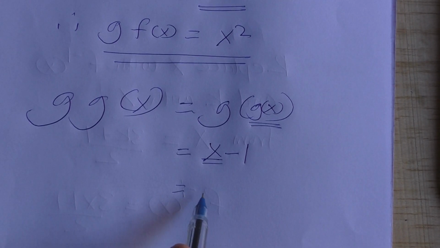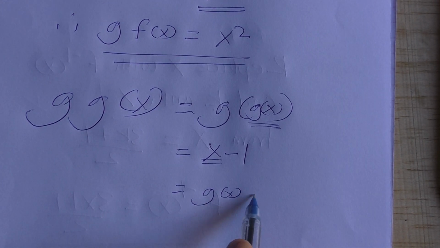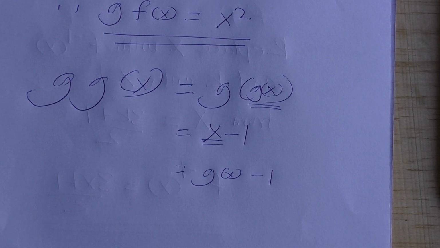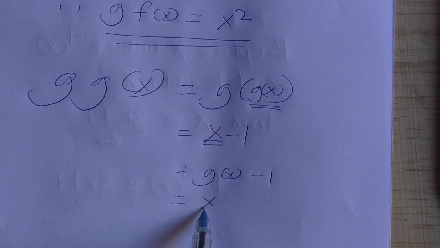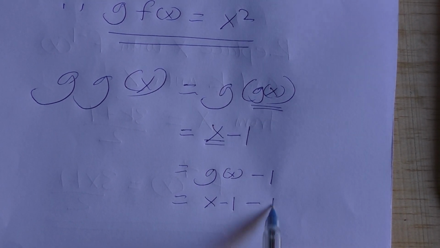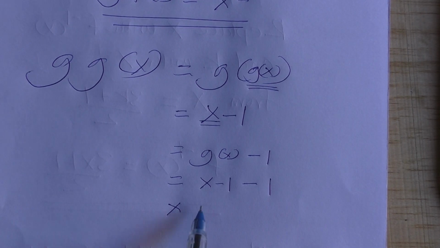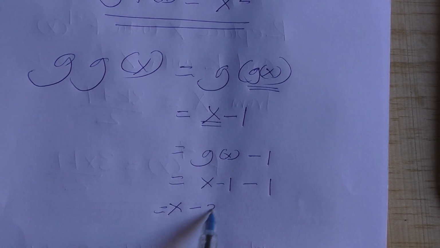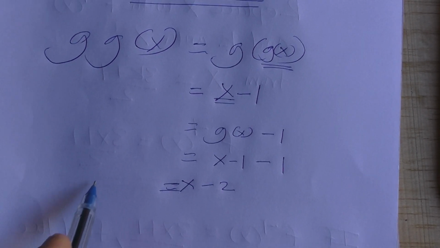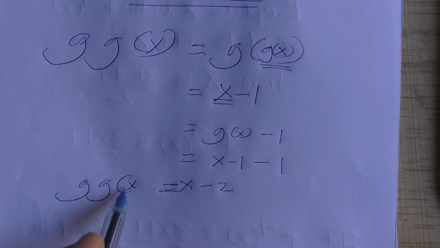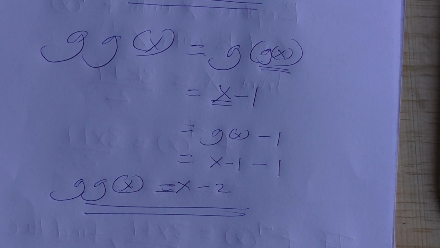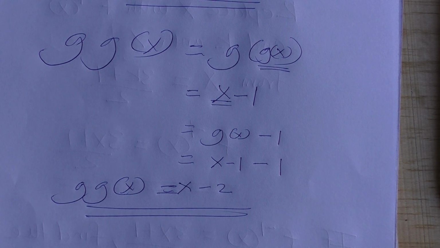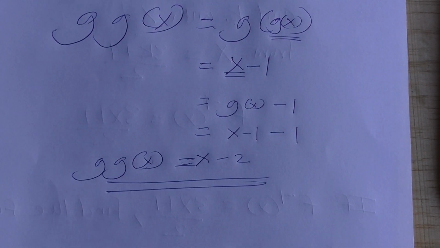That is, it will be g of x minus 1, but we know g of x is x minus 1, still minus 1, hence giving us g of g of x as x minus 2. That is how we find the composite of functions.